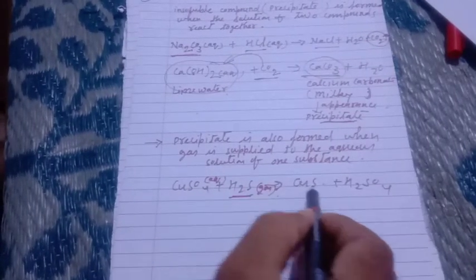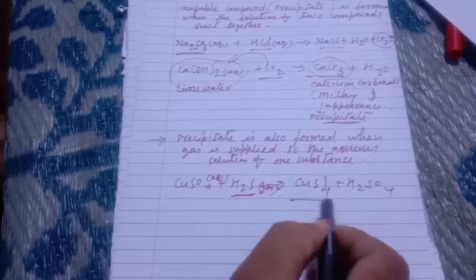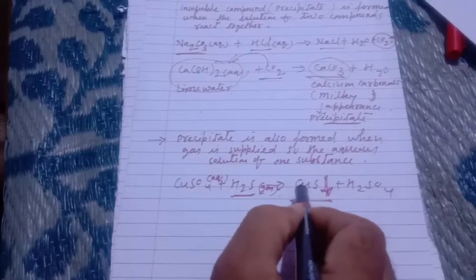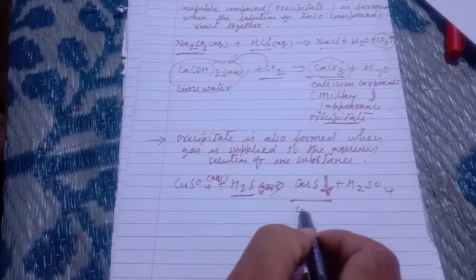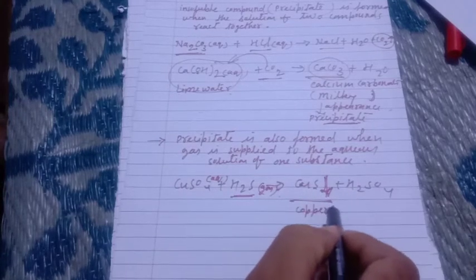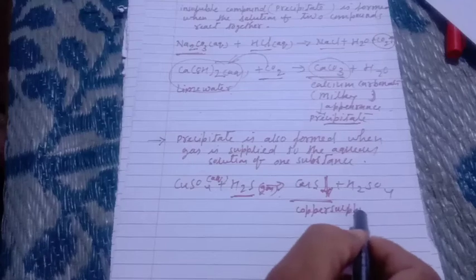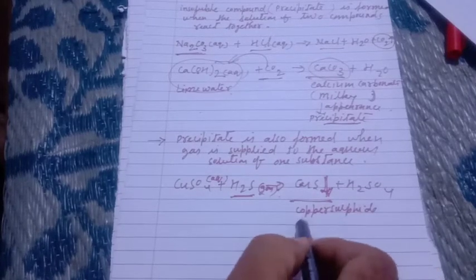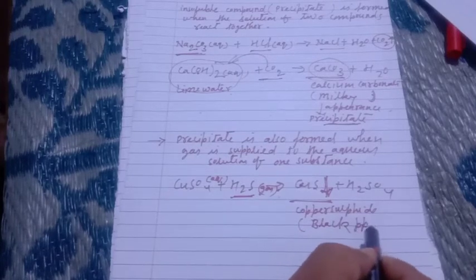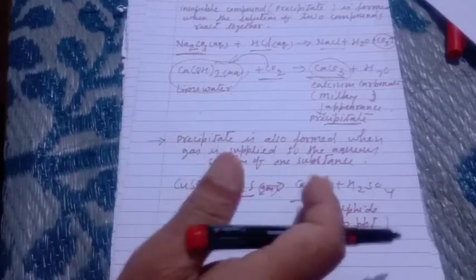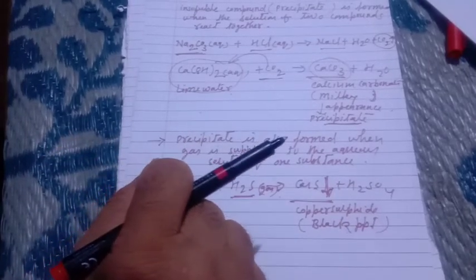Gas, H2S, and the sign of precipitate formation is a downward arrow. What is the name of this substance? Copper sulfide. What kind of PPT is this one? The black PPT. The short form of precipitate is PPT. Okay, so this is also one of the examples of precipitation reaction.